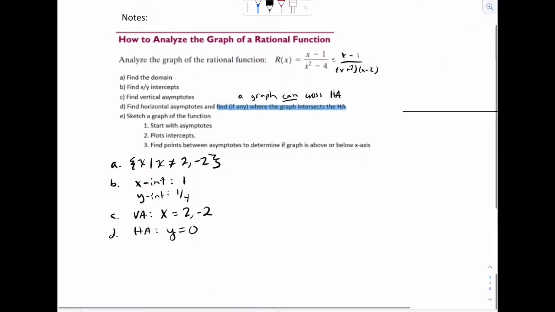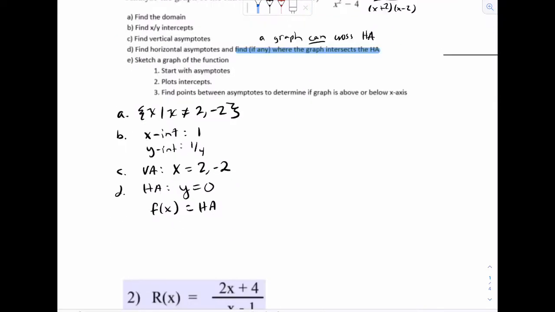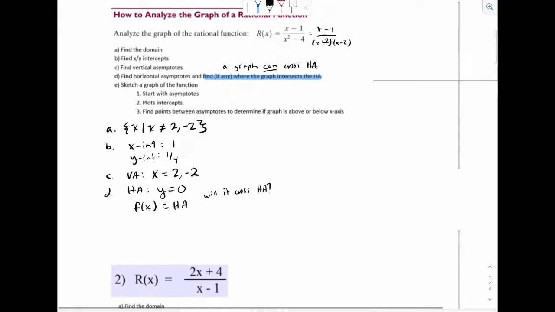So to check if it crosses, all you do is wonder, does f of x equal the HA value? So we're going to write down, will it cross your HA? Grab your function, x minus 1 over x squared minus 4, set it equal to 0.